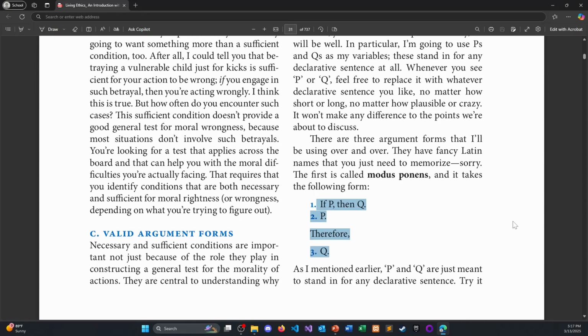Let's say the conclusion that we're trying to argue for is that the best theory of morality is consequentialism. If that's what we want to argue for, then we want to be able to generate two premises that then validly conclude that consequentialism is the best theory of morality.